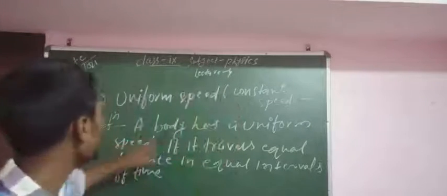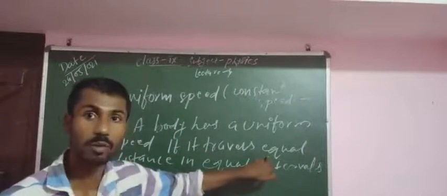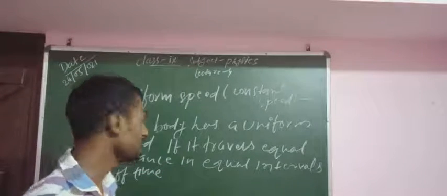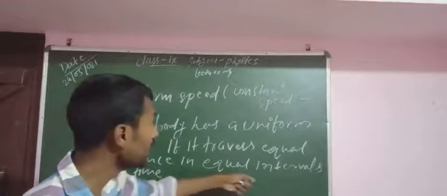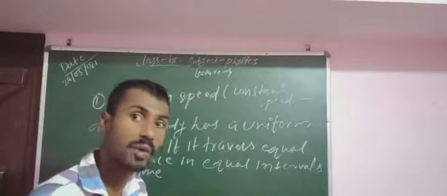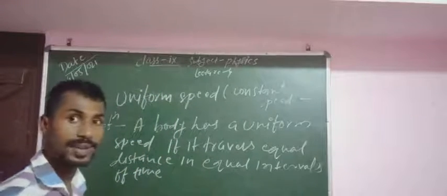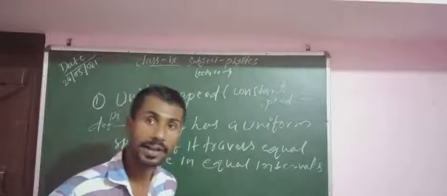That means if a body has uniform speed, it travels equal distance in equal intervals of time. The body covers equal distance in equal intervals of time.